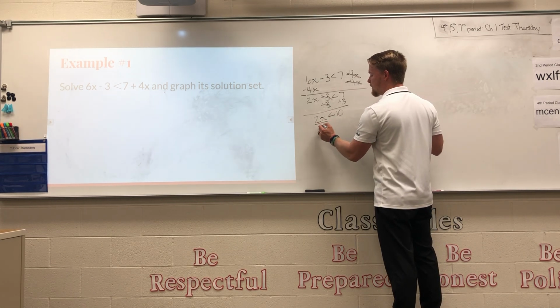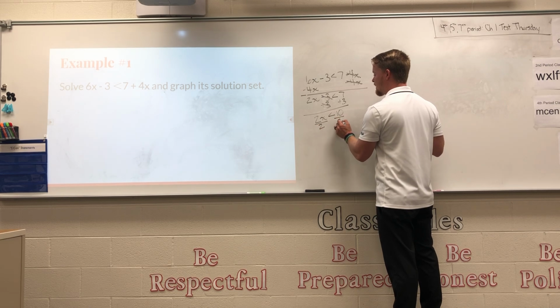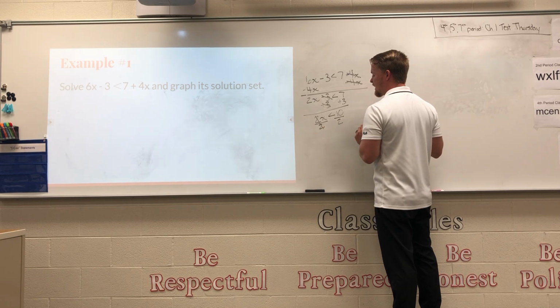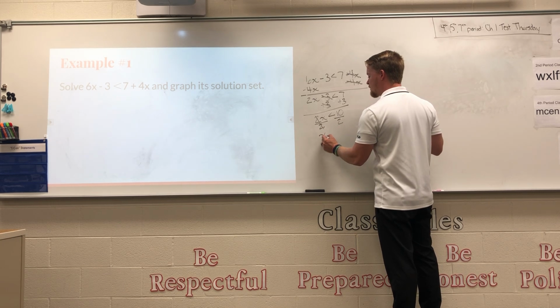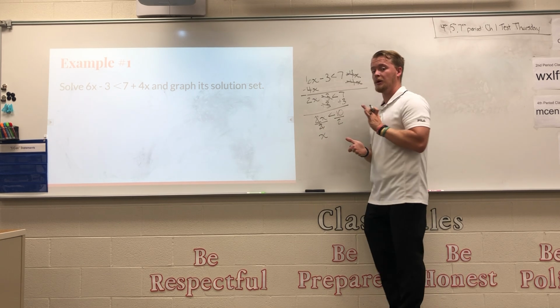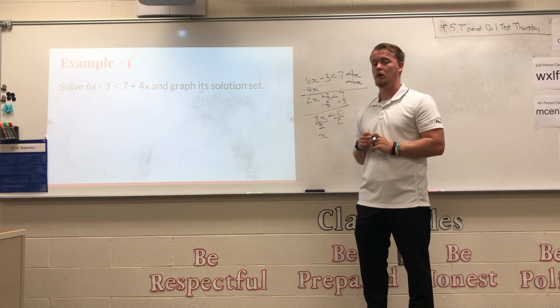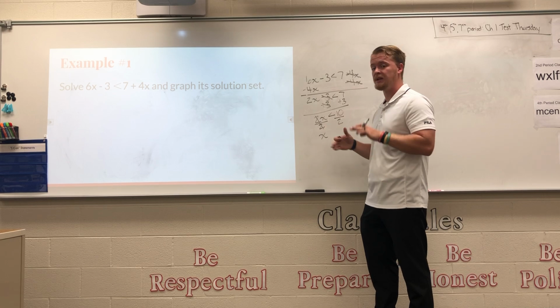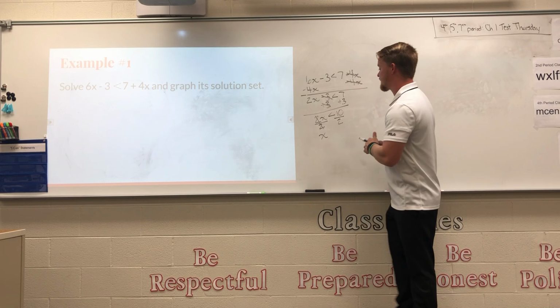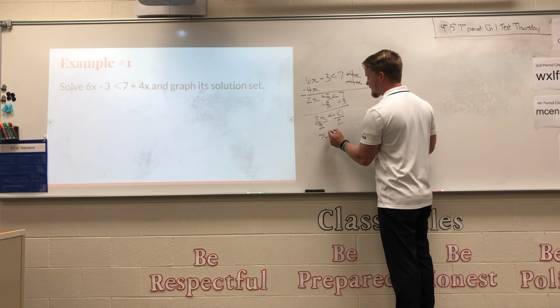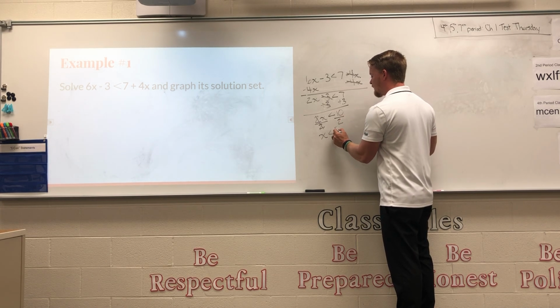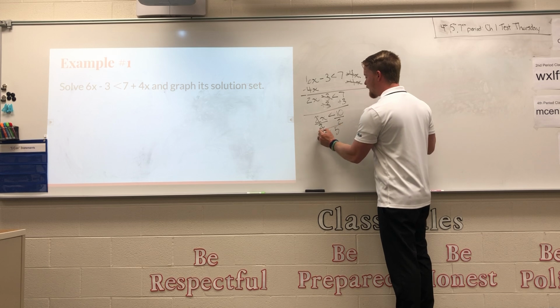So I do the opposite, which is divide by 2 on both sides. So I divide by 2, the 2's cancel, x comes down. Remember, the important note from a couple slides ago does not apply here, because we did divide, but we did not divide by a negative number. So I still keep that inequality symbol as less than. So x is less than, 10 divided by 2 is 5. So that's your final answer.